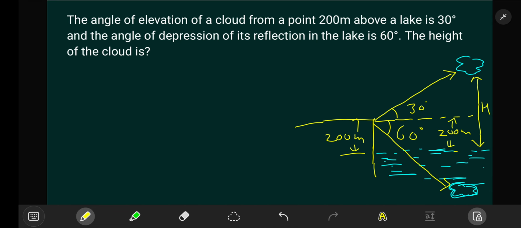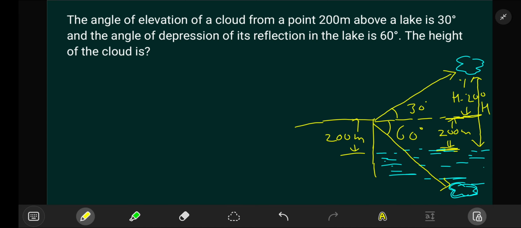From here to here is 200 meters and the complete height is h meters. Now this height from the surface of the soil to the cloud is h minus 200 meters.